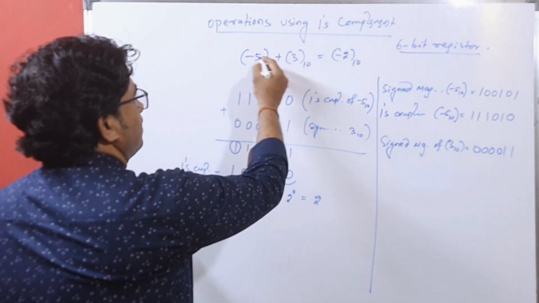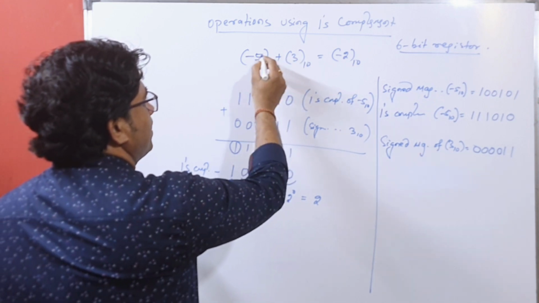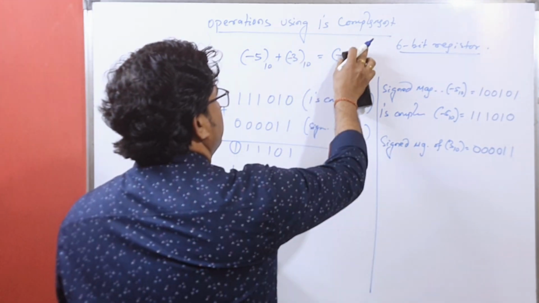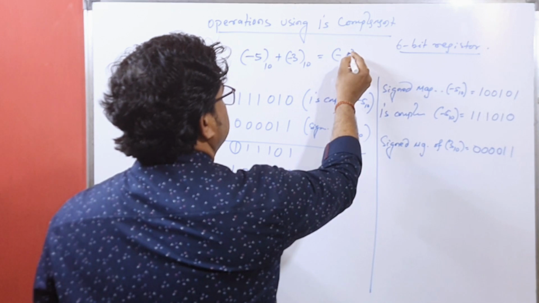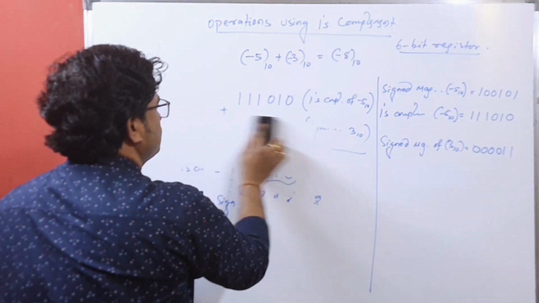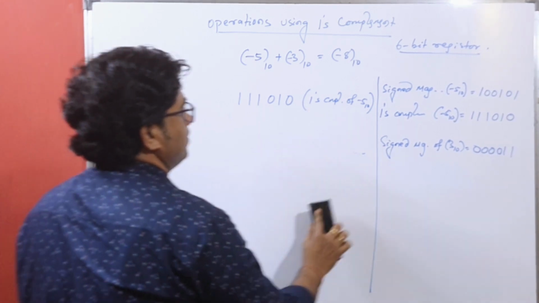Suppose instead of minus 5 base 10 and 3 base 10, we are taking minus 5 base 10 and minus 3 base 10, and your result will be minus 8 base 10. The same register we are taking here, and see how you can implement it using 1's complements.